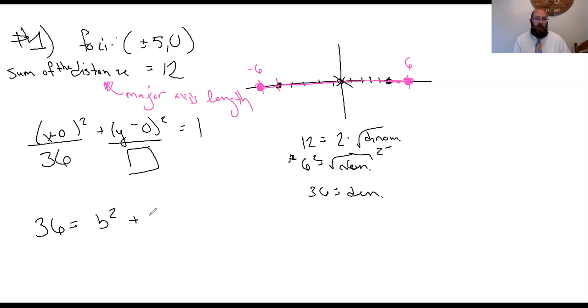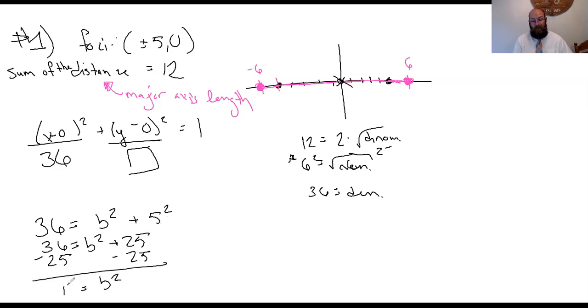So that's going to be 5 squared, because that came from the focus they gave me. Let me simplify that a little bit. 36 equals b squared plus 25. I now need to solve for b squared, so I'm going to subtract 25. B squared equals 11.